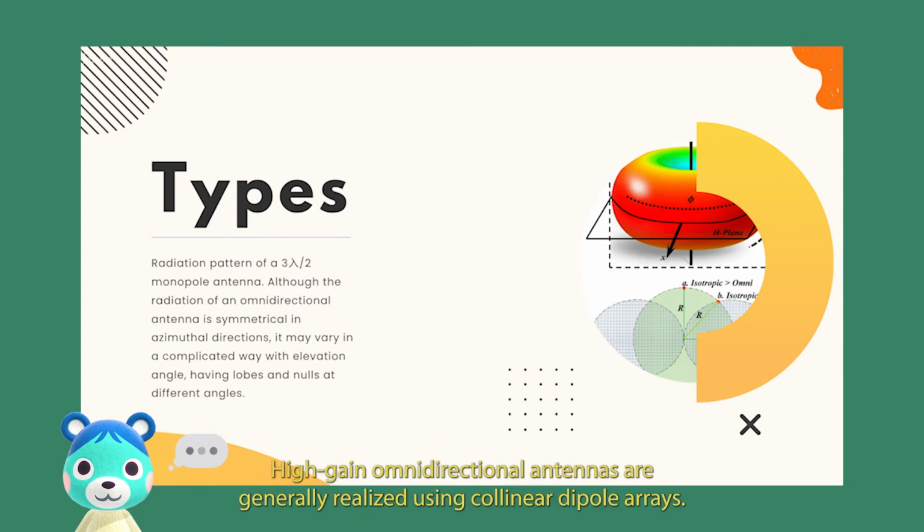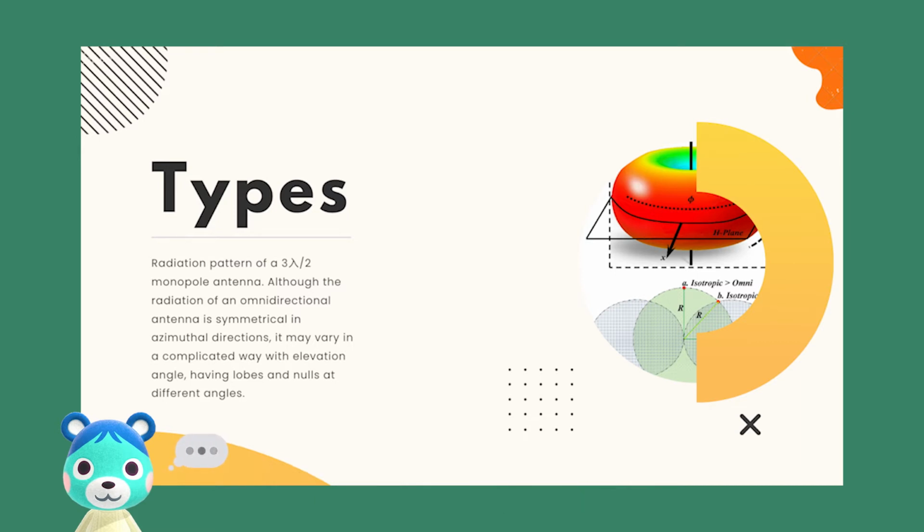High gain omnidirectional antennas are generally realized using a collinear dipole array. This consists of multiple half-wave dipoles mounted collinearly in a line, fed in phase.